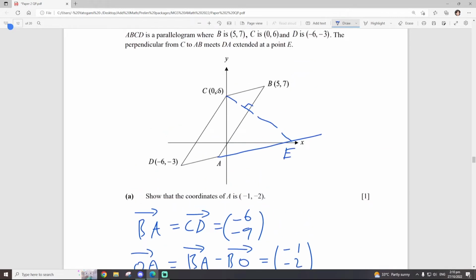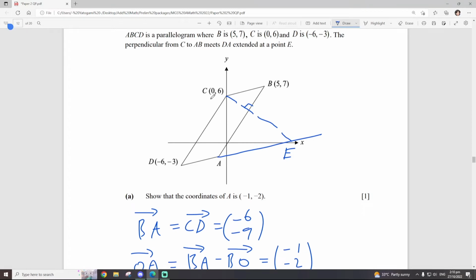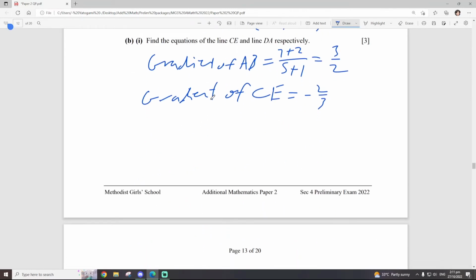The gradient of CE will be perpendicular, so the gradient will be the negative reciprocal, equals -2/3. We have the coordinates of C, so y minus 6 is -2/3 x, so this is just y equals -2/3 x plus 6. So this is equation CE.